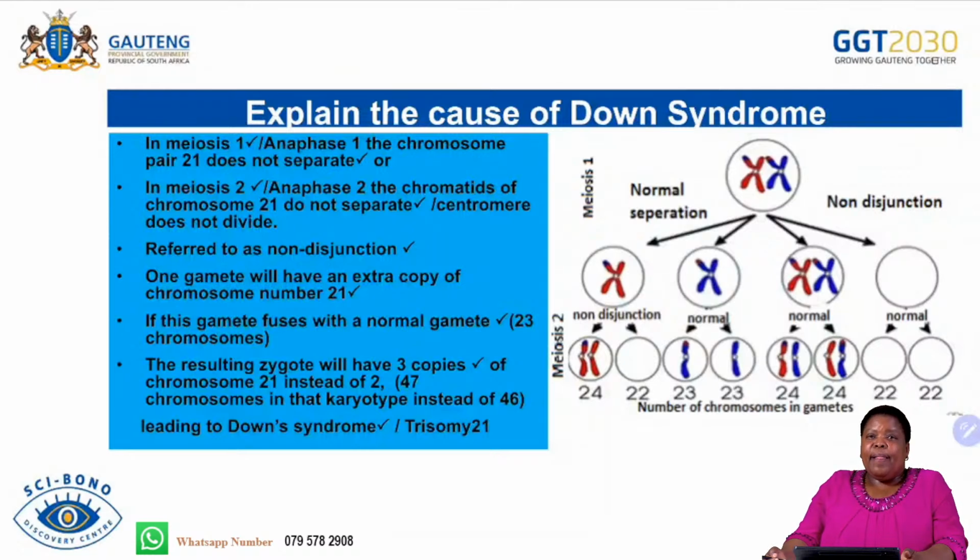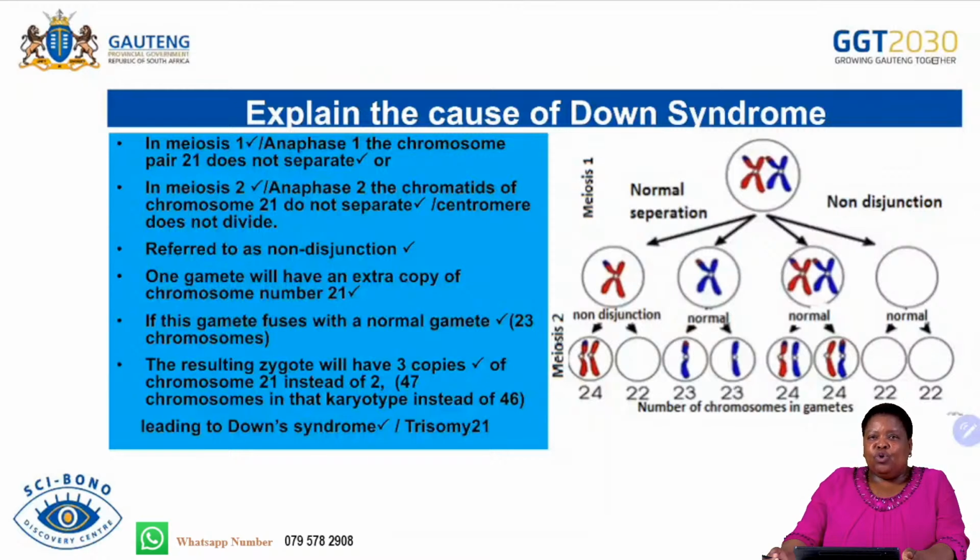So remember, each person has got a karyotype where pairs of chromosomes are placed. Now remember also that each person has got 44 body chromosomes, which are autosomes. We can also say it is 22 pairs of body chromosomes. But then on the last pair, which is the 23rd chromosome, we've got what?